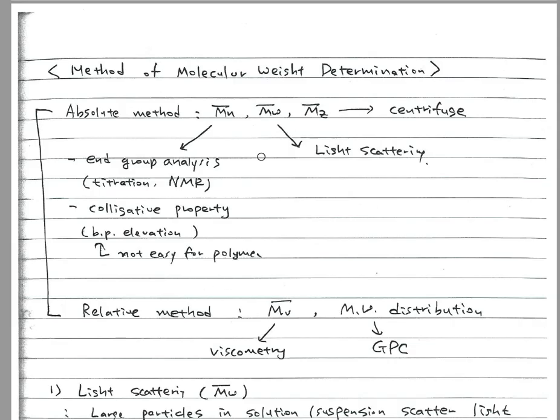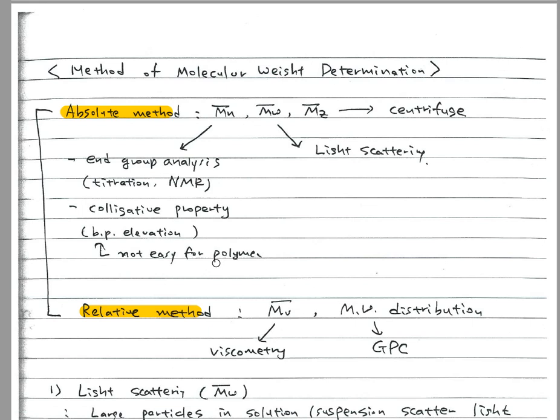I'll just briefly review. There are basically two different methods, absolute method and relative method. Absolute means that by using this kind of method, we could determine the absolute value of molecular weight. And relative method means we can determine the relative molecular weight, like the comparison.